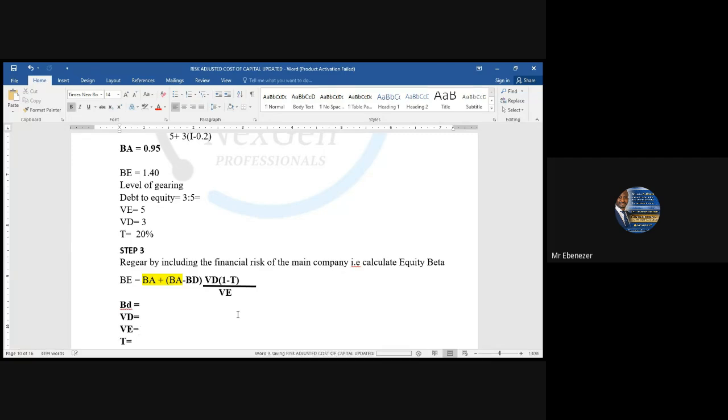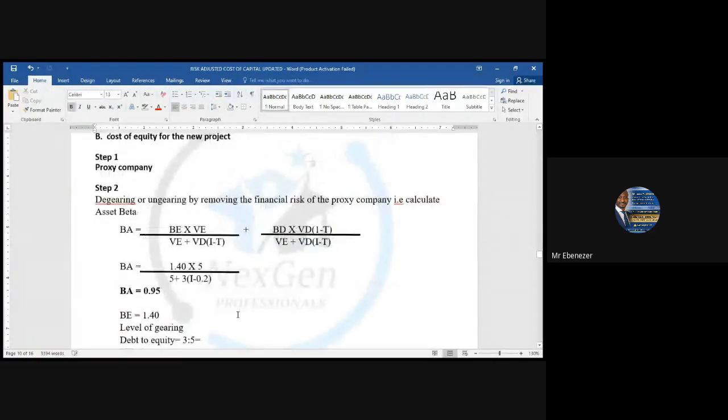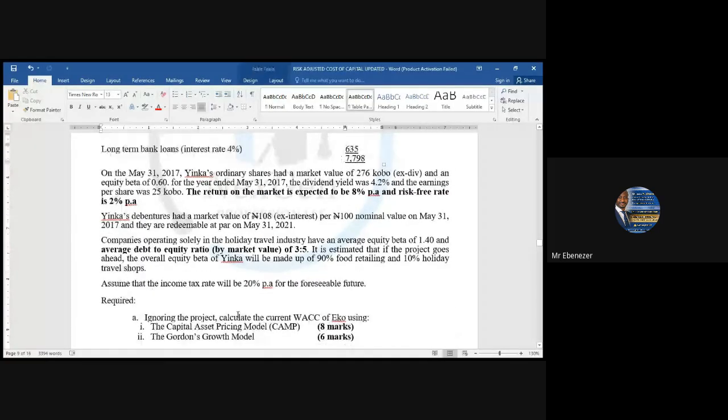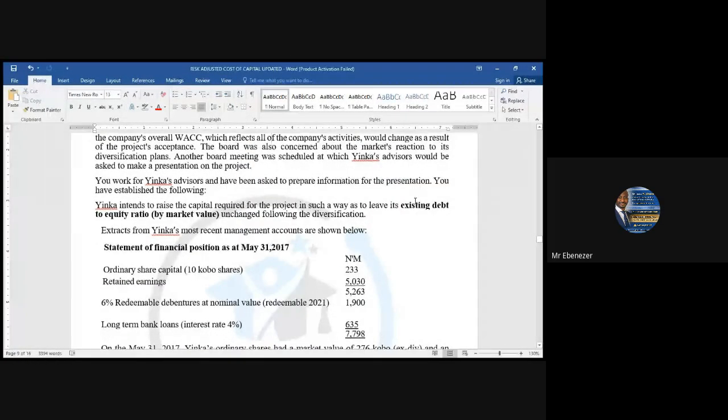And don't forget that we already said they want to venture into this in such a way that their existing debt to equity ratio by market value will remain unchanged. So the question is, how do we determine it?